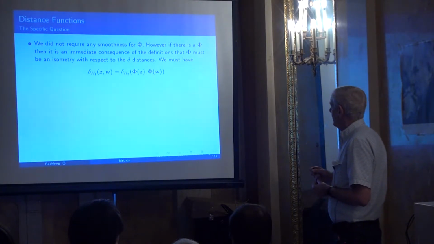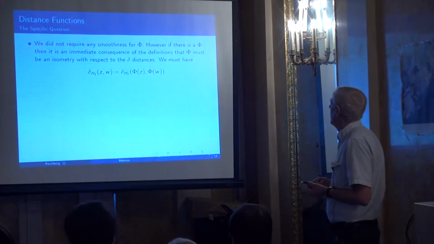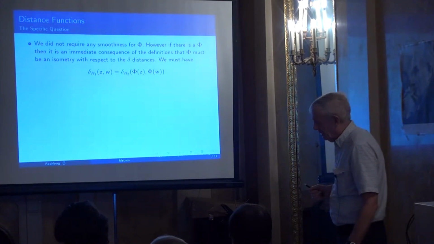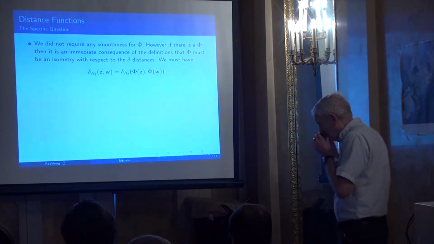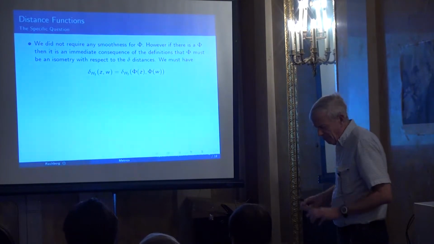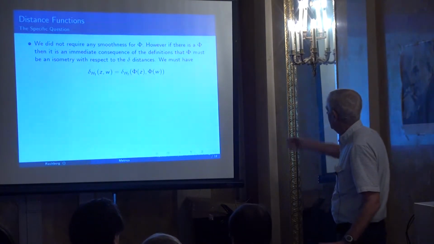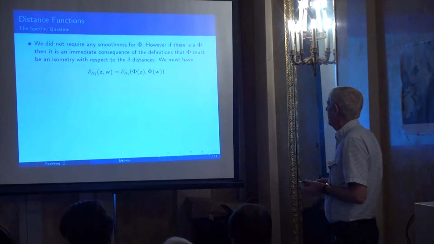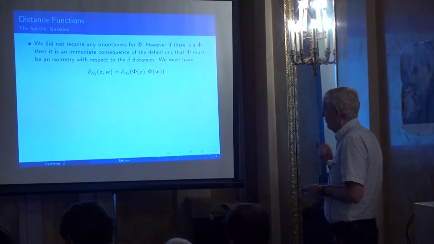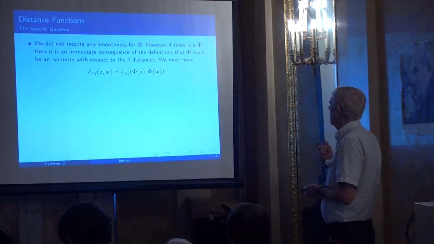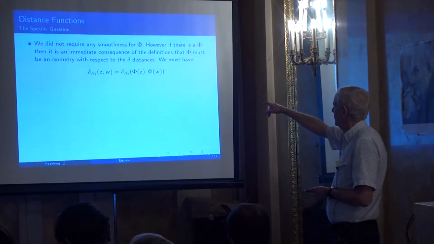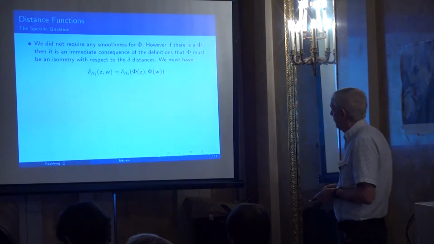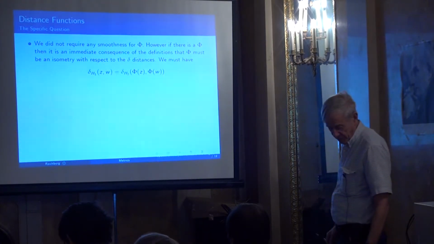The theorem we started with was there's a mapping phi from the disk into some ball. The mapping is originally defined just as a set mapping with no assumption of smoothness. But as soon as you go back to the definitions of these distance functions delta, you see that the structure of the mapping ensures that it's an isometric mapping from one space with the distance delta sub h1 to the other space with the distance delta sub h2.